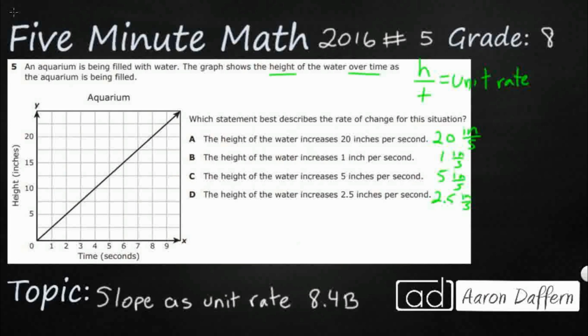So how can we figure out the rate of change? Well, let's just take 2 points here, right? And let's go back to what we know about slope. So the slope, sometimes referred to as m when we're looking at it in slope-intercept form, is the change in y over the change in x.